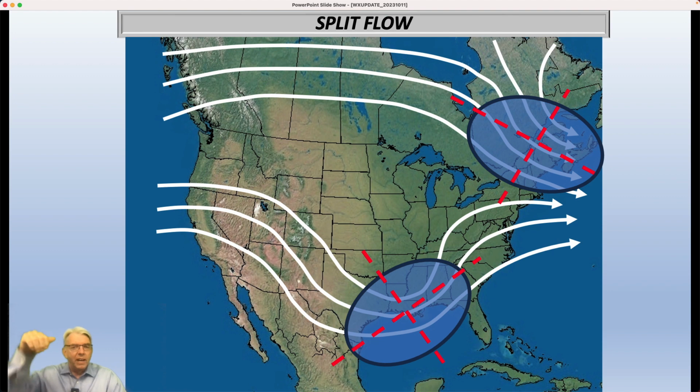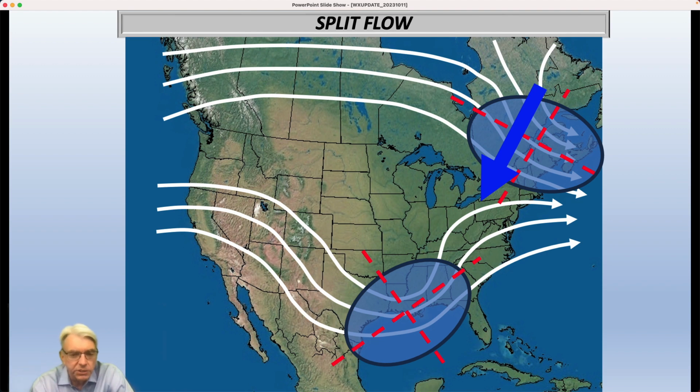So something has to connect the two. There's air leaving here, and so something has to come in to replace it, and what that does is set up a low-level flow out of the northeast, which drives colder air from eastern Canada down the eastern seaboard, especially east of the Appalachians, and that is the cold air source, okay?